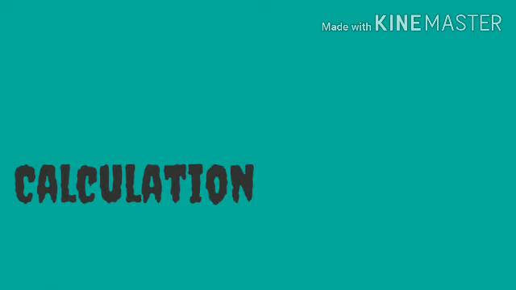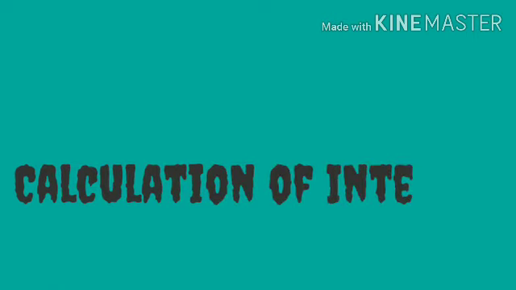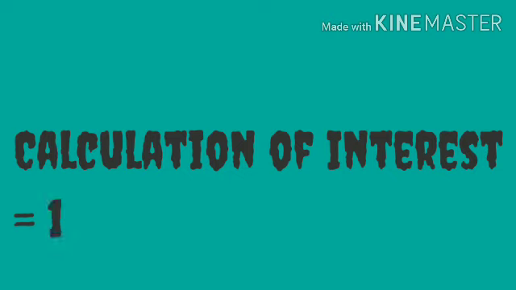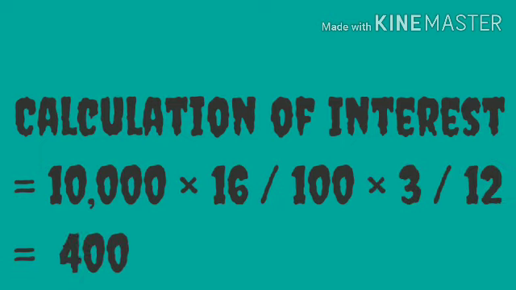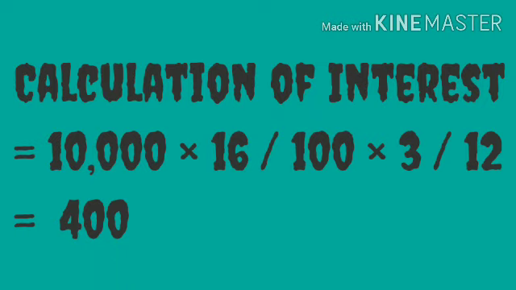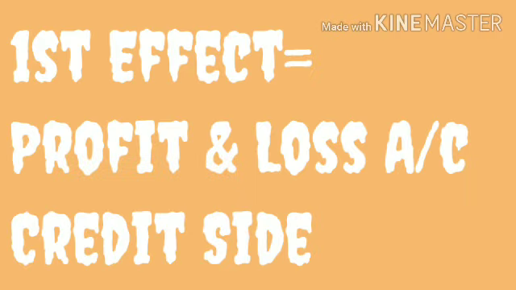Here, the amount of interest receivable on investment for 3 months, that is January, February and March, is 10,000 into 16 divided by 100 into 3 divided by 12, which is equal to 400. Rupees 400 interest is receivable on investment.